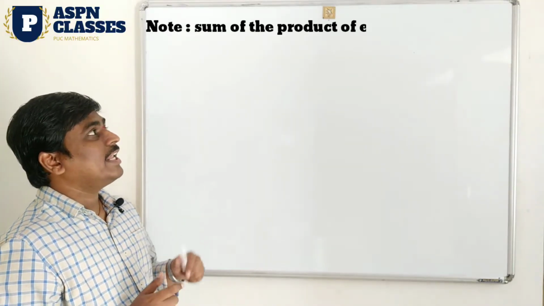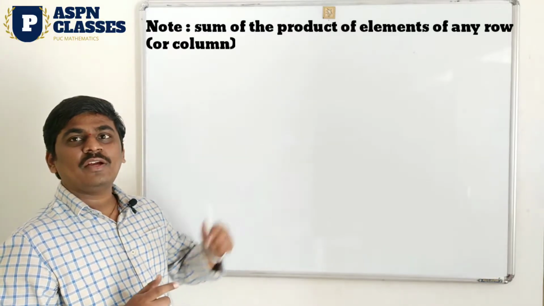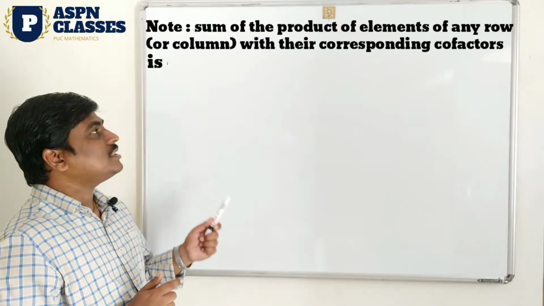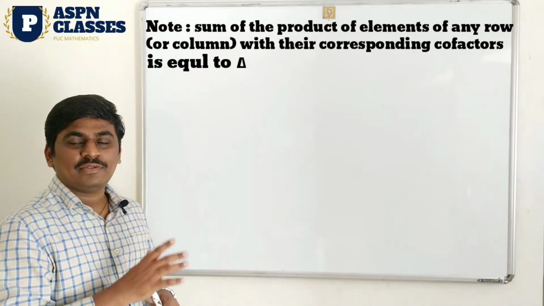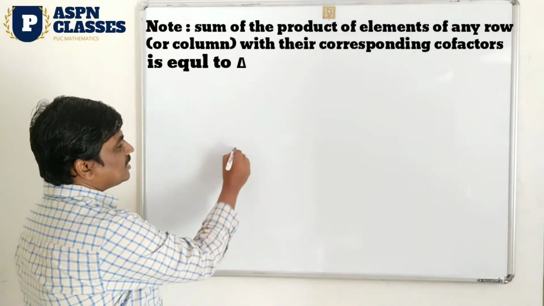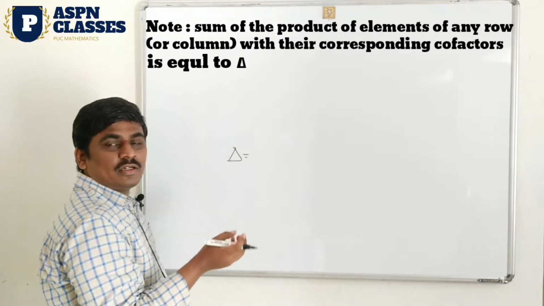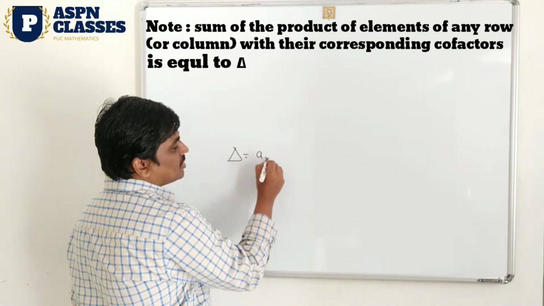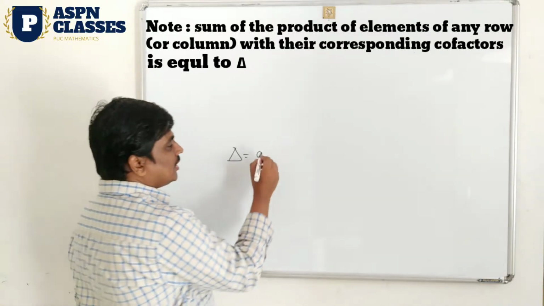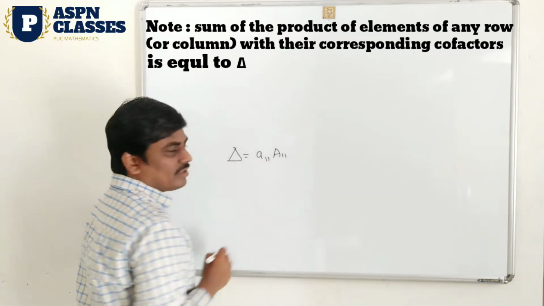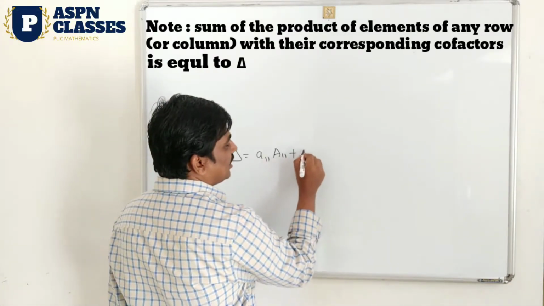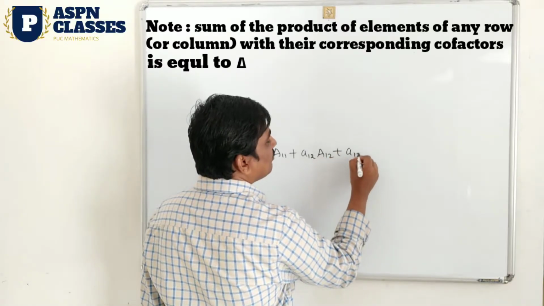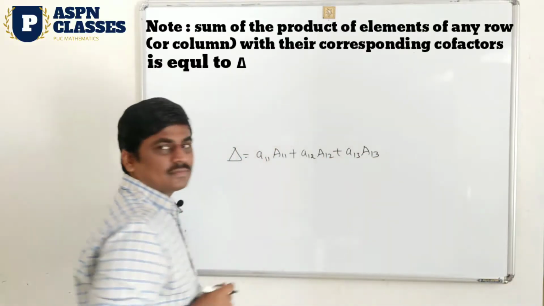Okay, observe here one important note. The sum of the products of the elements of any row or any column with their corresponding cofactors is equal to delta. It means delta is equal to the sum of the products of the elements of any row. Suppose I take the first row: A11 with its corresponding cofactor, plus A12 with its cofactor, then A13 with its cofactor.